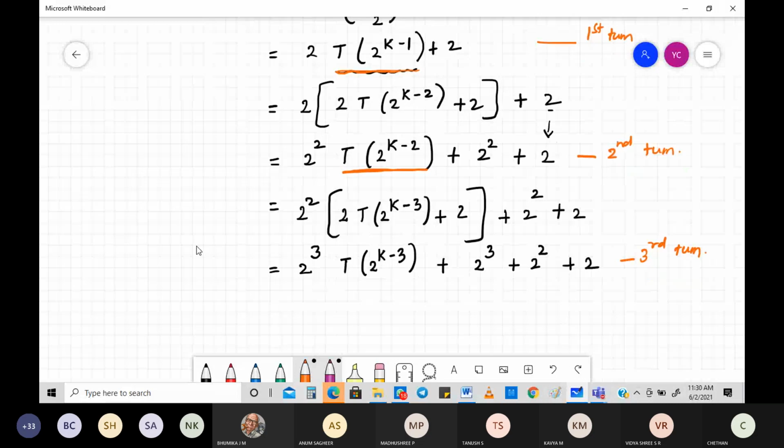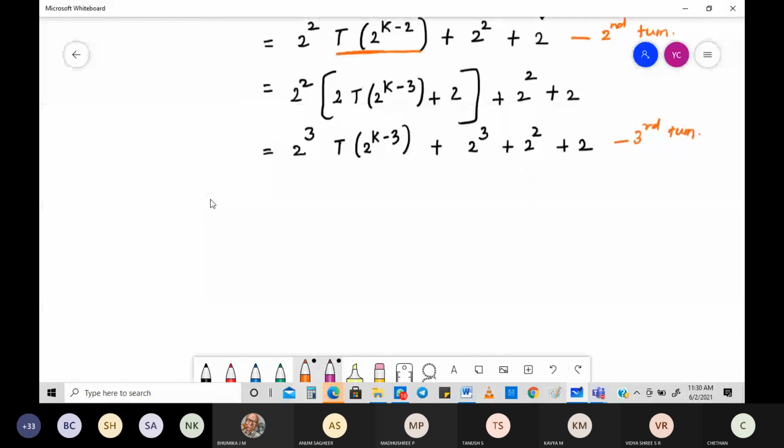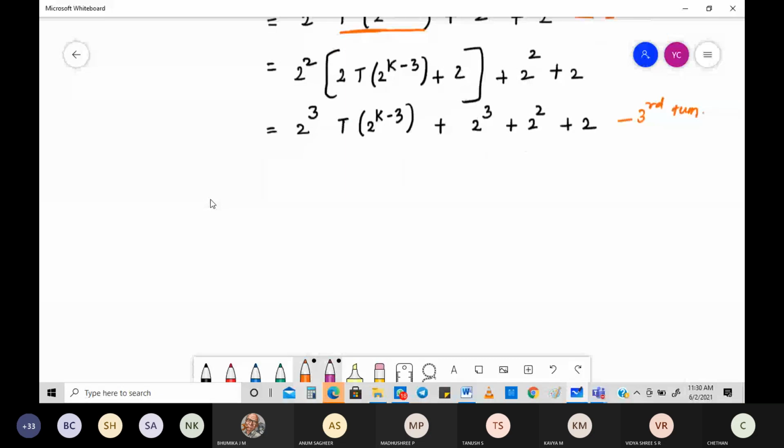What is the next thing? Next thing is to write a generalized version. This is where you got to be a little bit careful. You need to write what is known as a generalized term for it, or what we call up to the ith term. So how do you think this will become? I'm going to write for the ith term.